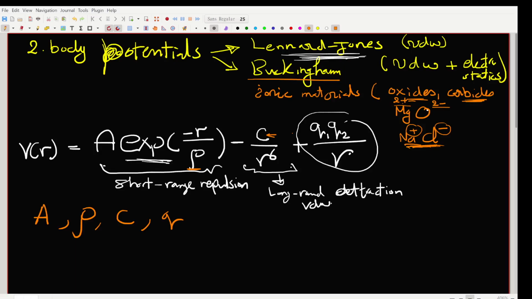Instead, you might actually use a partial charge. Especially this would be the case for some material that's not fully ionic. In that case, you might reduce the charge a little bit in comparison to the formal charge.